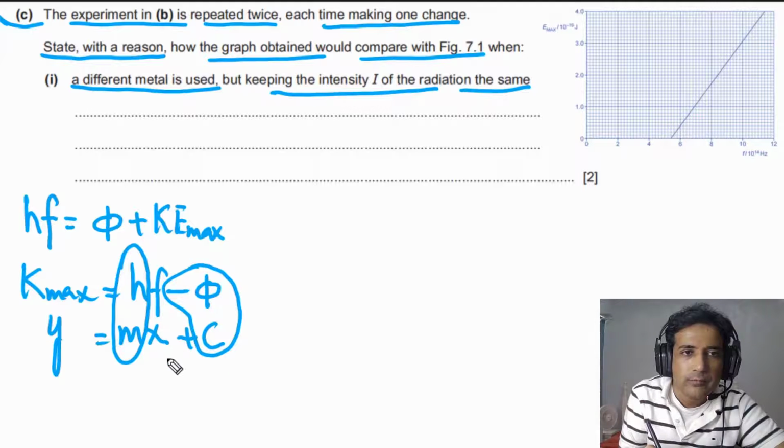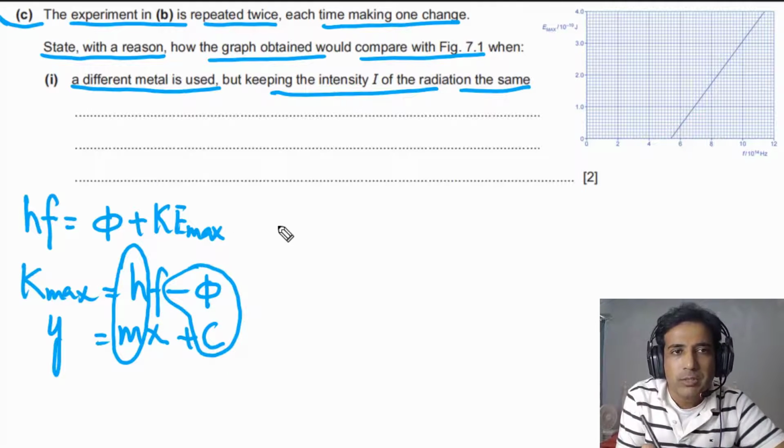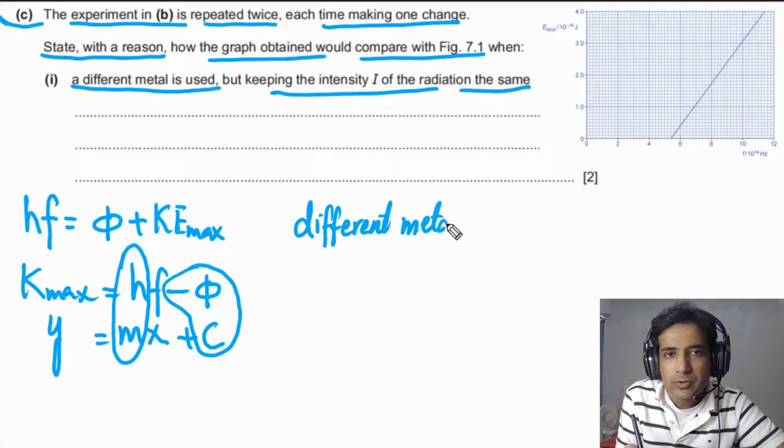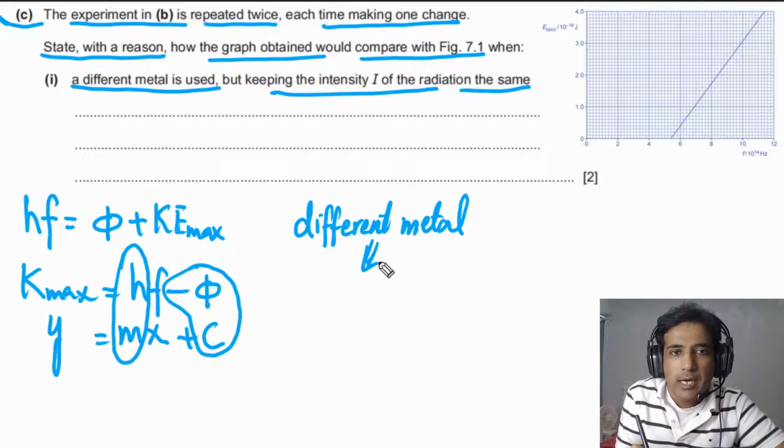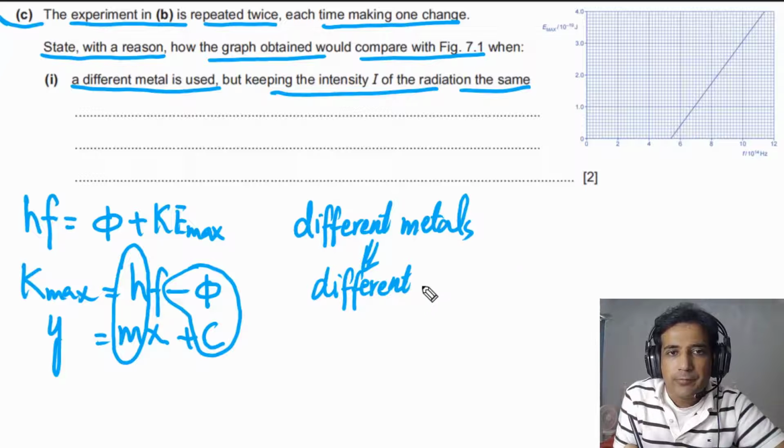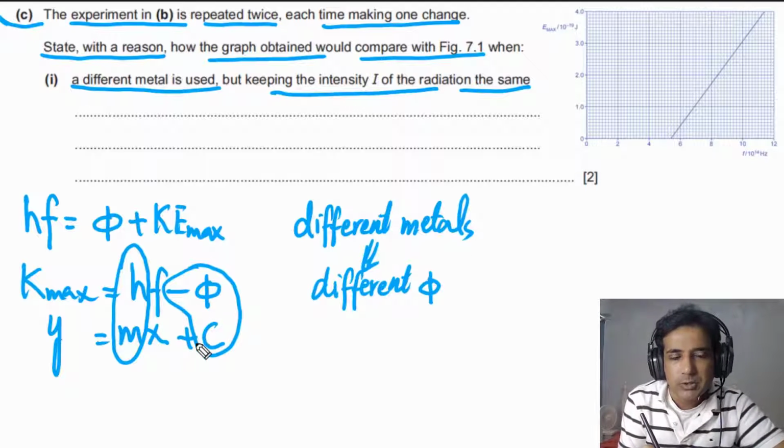Now if we change the metal, so we are using different metal, and different metals, they have different threshold frequency, or they have different work function. So this is the first thing we need to understand. Different metals, they have different work function. As value of work function will change, it means the y-intercept will change.